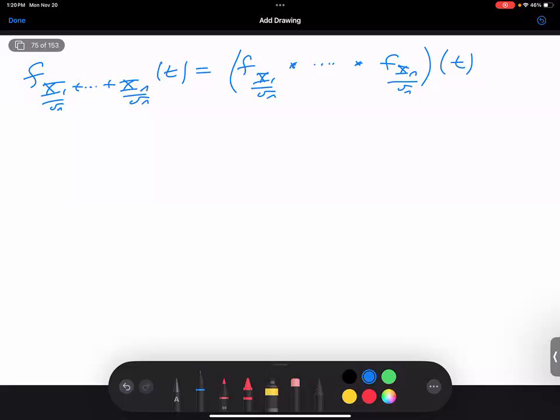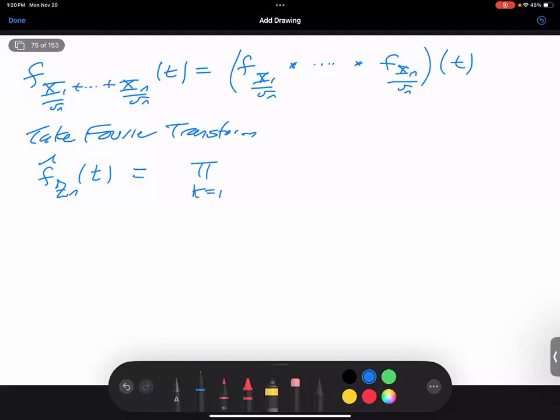That's infinitely many integrals. One possibility is to take the Fourier transform. Then the Fourier transform of Zn at t is going to be the product, k equals 1 to n, of the Fourier transform of xk over square root of n at t.